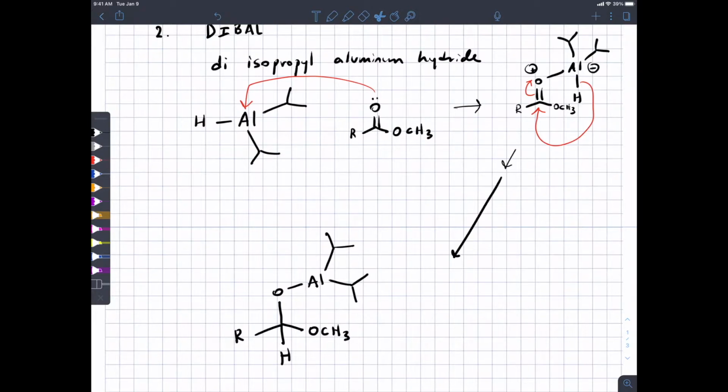And it turns out that this tetrahedral intermediate, without the negative charge on it, is stable until aqueous workup. When you add water, water can compete with this oxygen for binding to the aluminum.